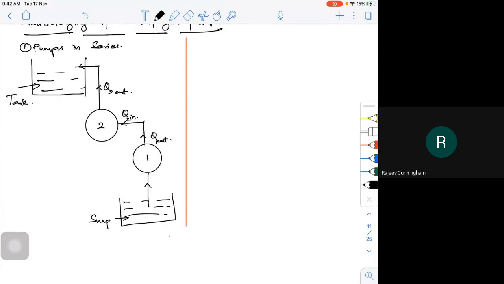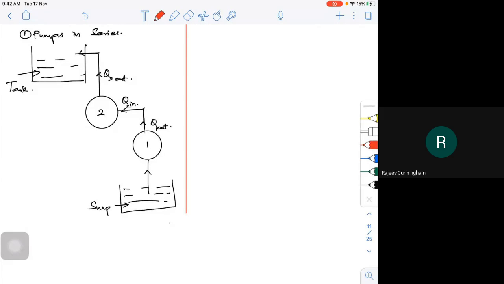What am I trying to show here? If you observe closely, this is the head under which pump 1 is working, and pump 2 is working under this head.